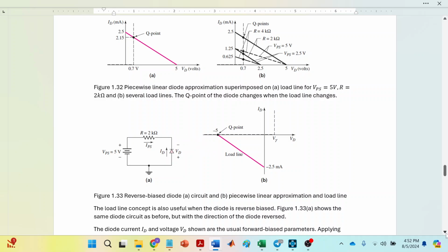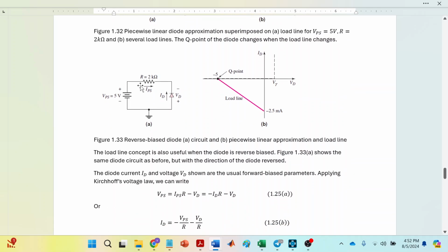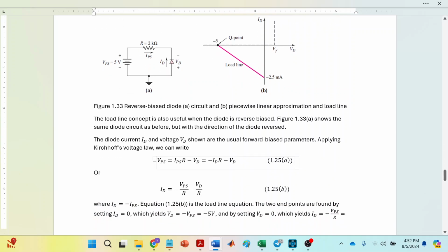When you do the KVL around this loop, VPS is equal to IPS multiplied by R minus VD, but IPS is equal to minus ID, so it becomes this equation minus VD. From there we can make ID the subject of the formula. This is essentially the load line.